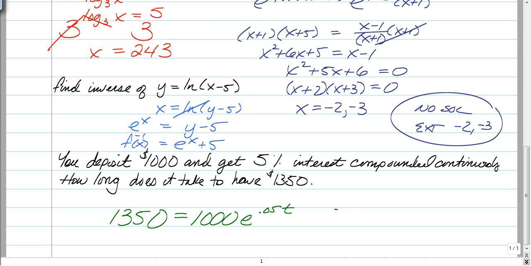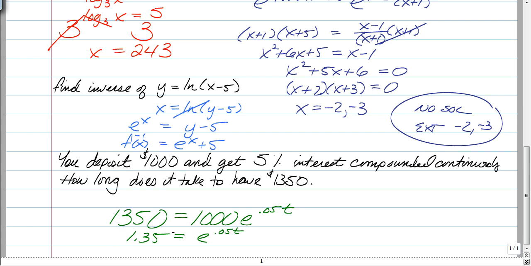So you have everything that you need here except for the t. So the first thing you need to do is divide both sides by 1,000 to get the e by itself. So we have e to the 0.05t is equal to 1,350 divided by 1,000, which is going to give you 1.35.